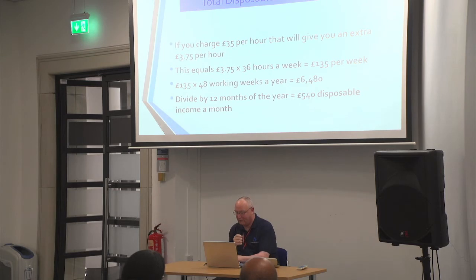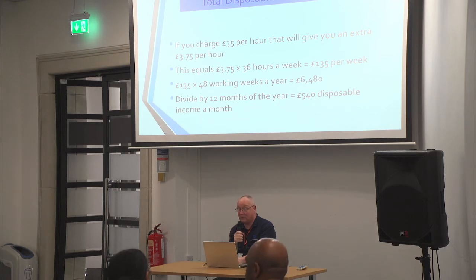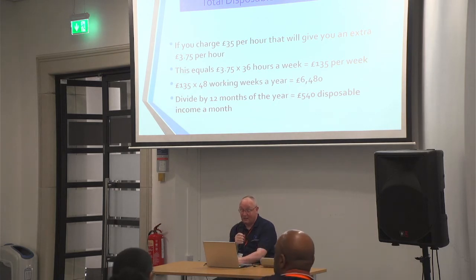We all deserve it. So that is how to accurately calculate your lesson price. Obviously, if you charge more and add more than £3.75 an hour to your basic outgoings, then you're going to have more than £540 a month as your disposable income.